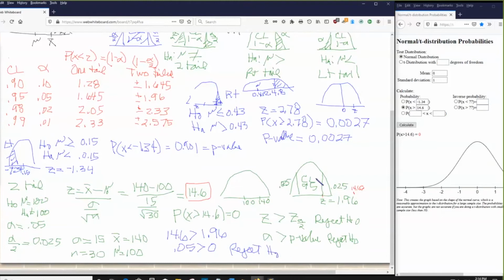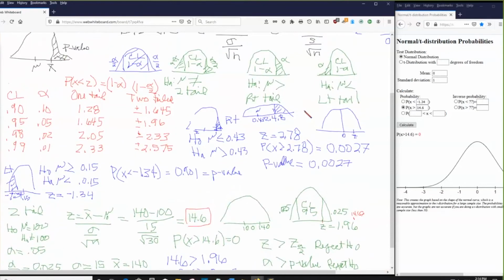Okay, let's look at the two prior examples. Were we given an alpha? No. The first two just showed us how to solve for the p-value and the data so that you can see what those look like.